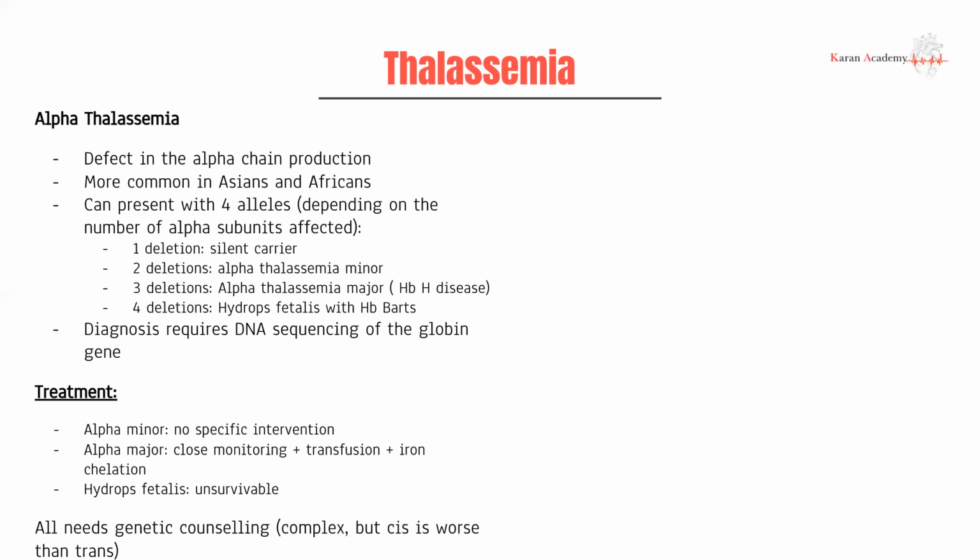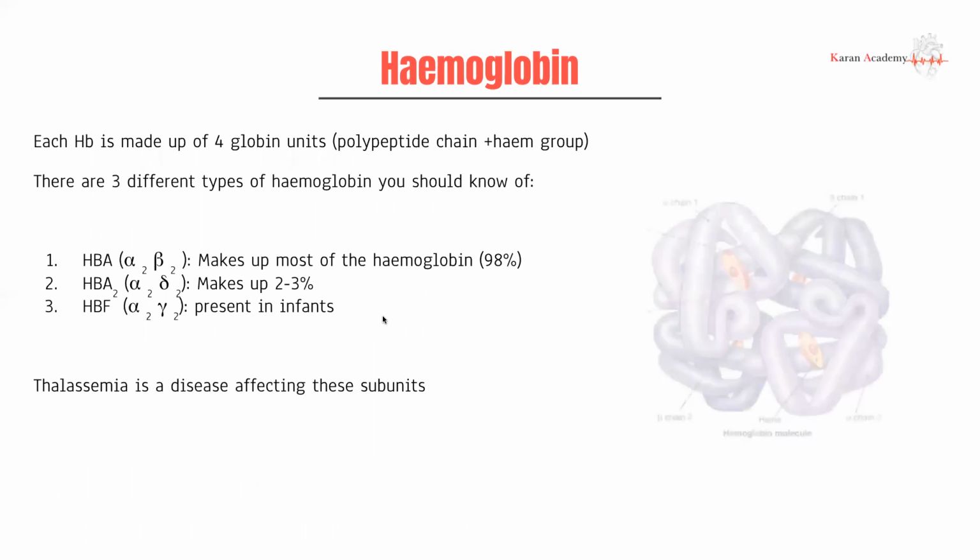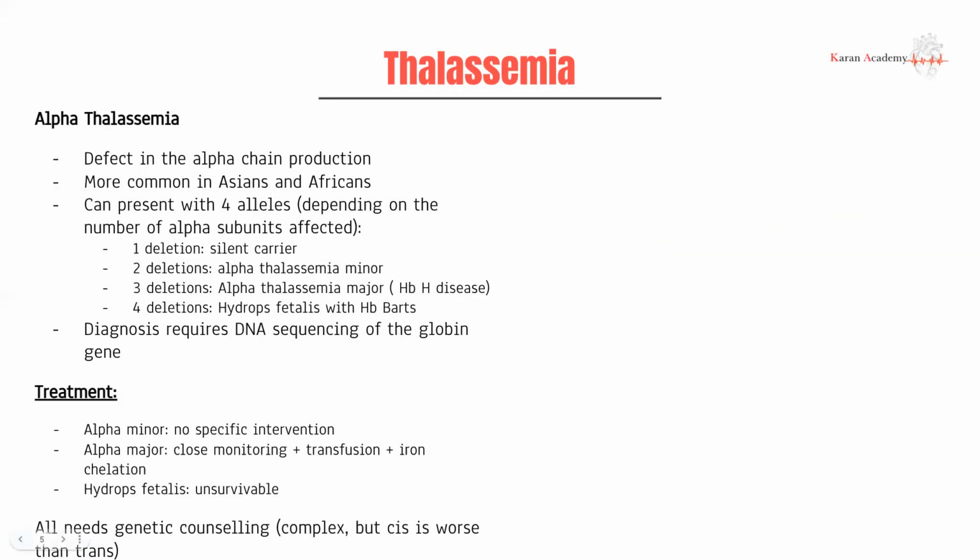So all of them require genetic counseling. This can be quite complex. And I talk about cis and trans here. So what I mean by that is when you have two deletions of the 4 alleles, you have an option of affecting both alleles on one side or one on each side.